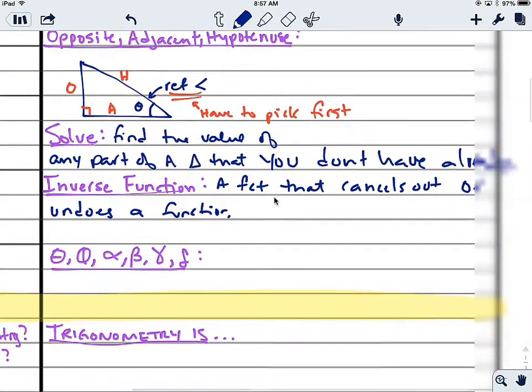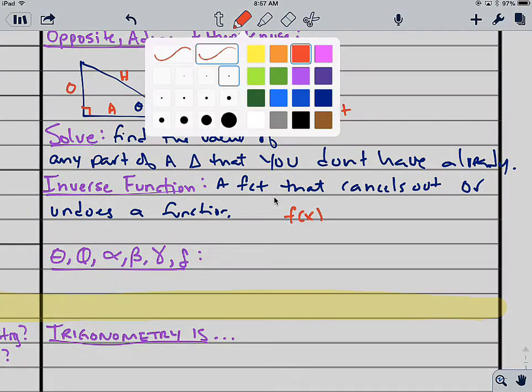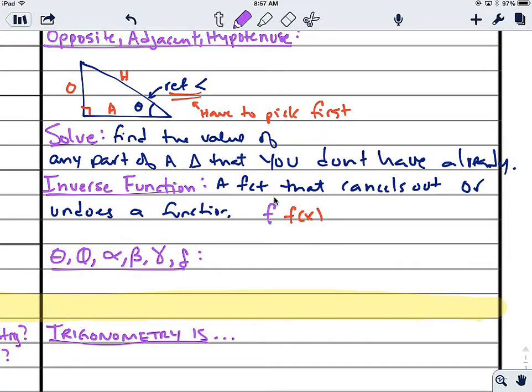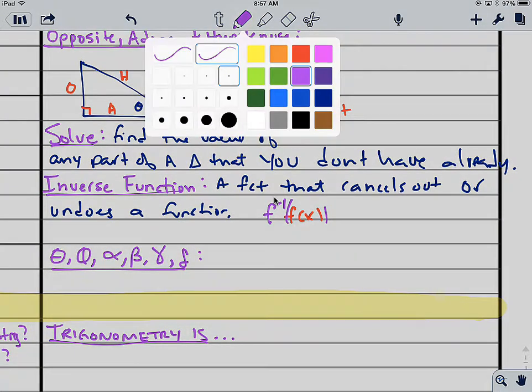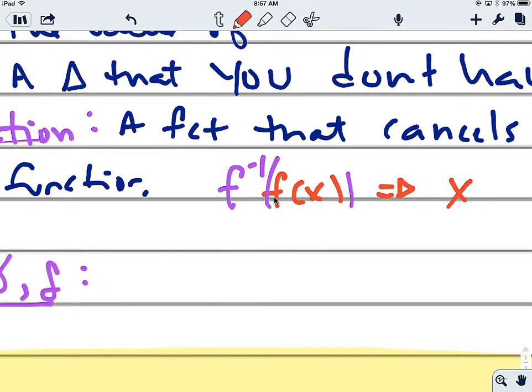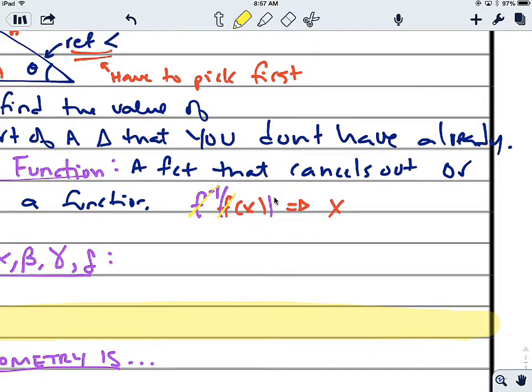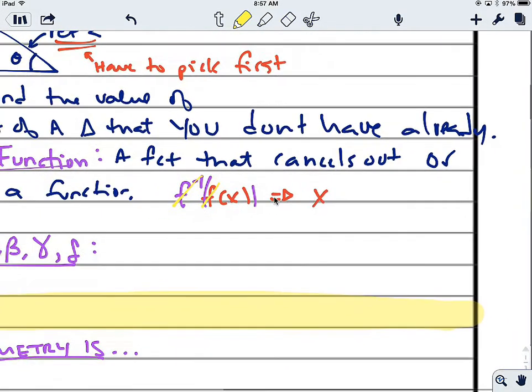In terms of an example, if I have a function like f of x, and I apply the inverse, which is denoted by a -1 as a quote-unquote exponent, that is going to leave me just with an x. Essentially the function and its inverse cancel each other out, leaving you just with the x. We've seen this quite a bit before.